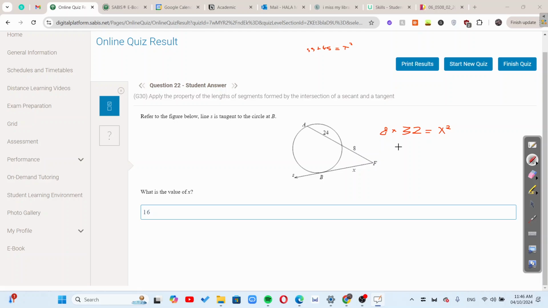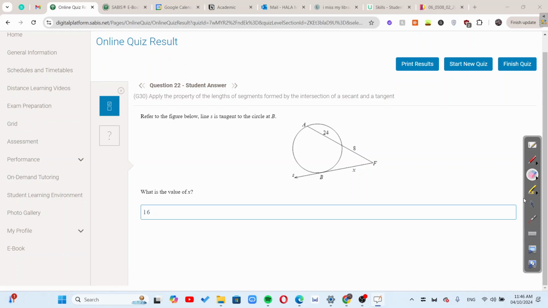Now 8 times 32 is 256. 256 equals x squared. Put it in your calculator, x equals radical 256, which is 16. And that's how you solve this one.